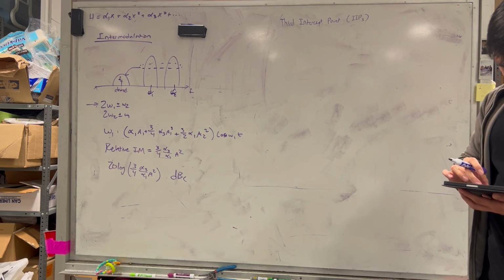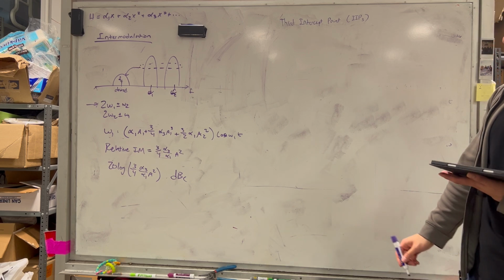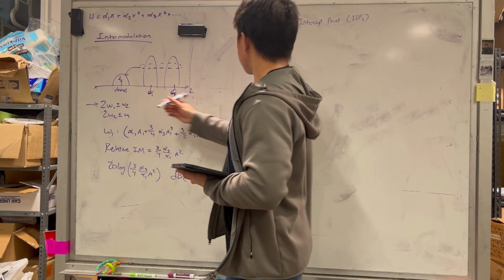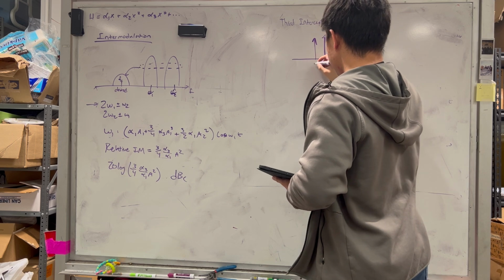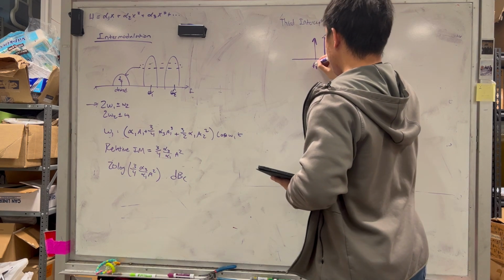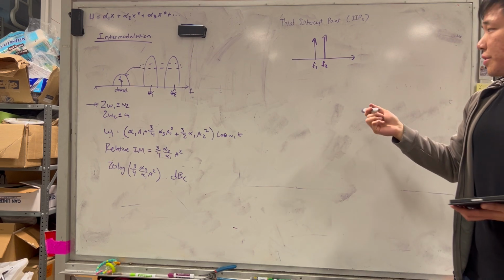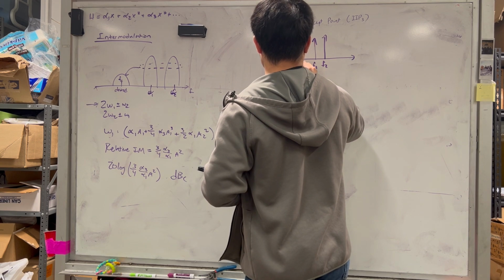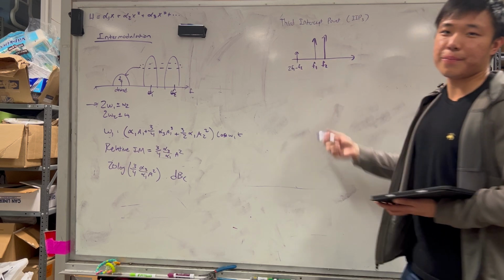So the IIP3 point describes the point at which, when you have two signals like this that are being inputted into your system, right? You can get something that looks like 2F1 minus F2, and this is called a spur, right?